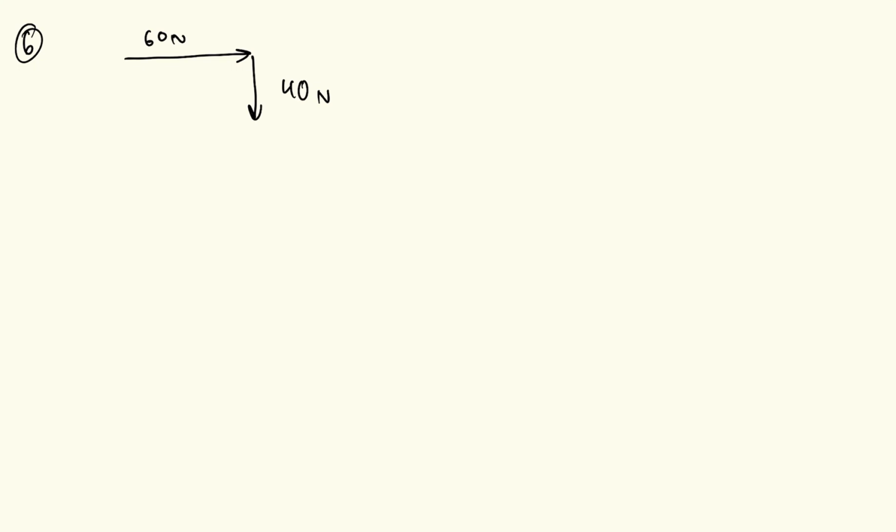The resultant sum vector is going to be the hypotenuse. And feel free to try this example on your own, as it's very similar to the previous one. Pause the video and try it on your own. But when you come back, a squared plus b squared is equal to c squared. Let's make 60 a.